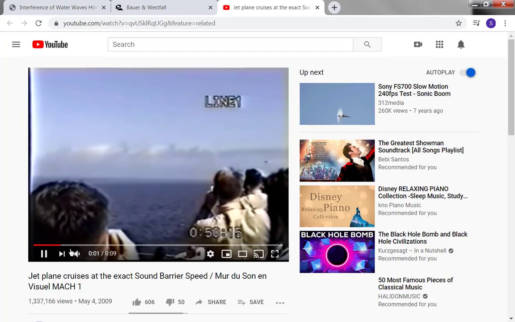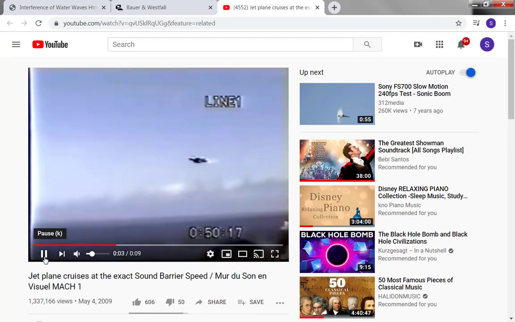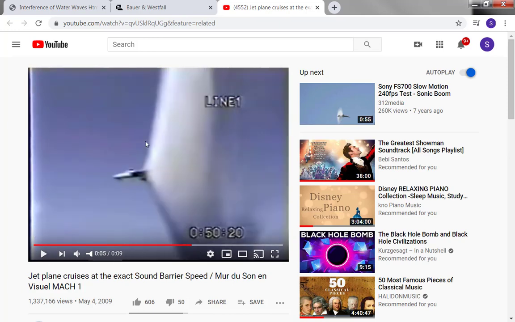So if we pull that up and watch, I'm going to pause the video when we get to the spot I want to talk about, which is right here. You can see the cone that's forming around this plane. That cone is due to all those sound waves affecting the pressure of the air behind the plane, which lowers the temperature of the air behind the plane.